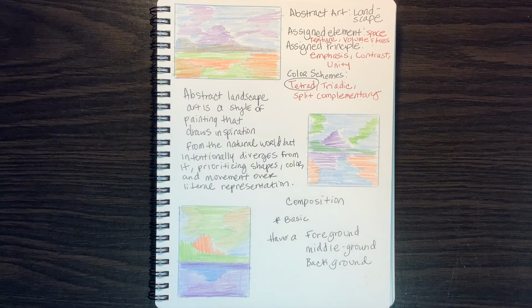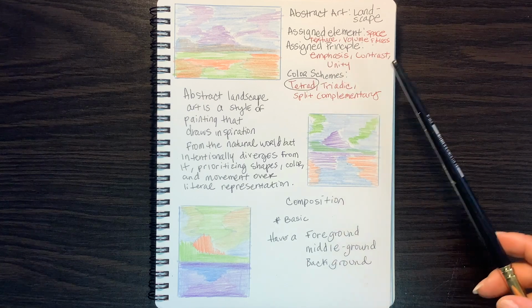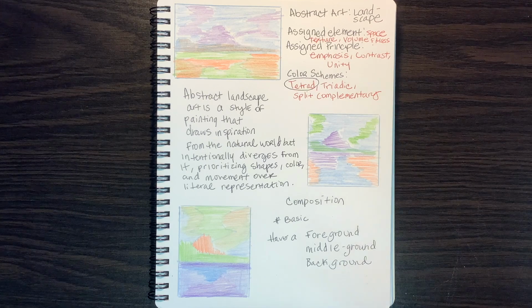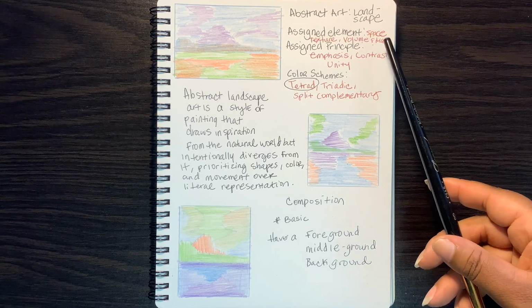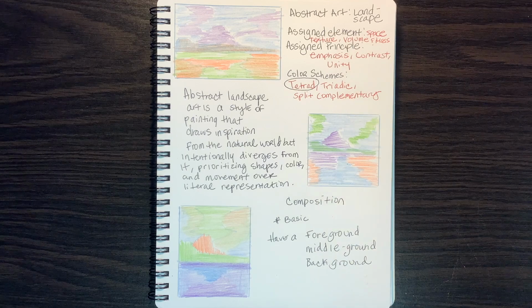Another thing, you guys, when it comes to the assigned elements, space, texture, volume, and also mass are the assigned elements. And really, I told a lot of my students, because there's a lot that we are juggling, like eggs in our basket, that even if they choose 1 or 2, or even if they do all 4, they're going to probably land those elements.